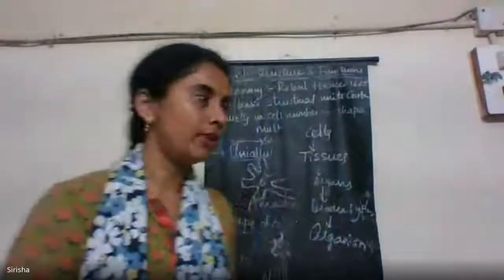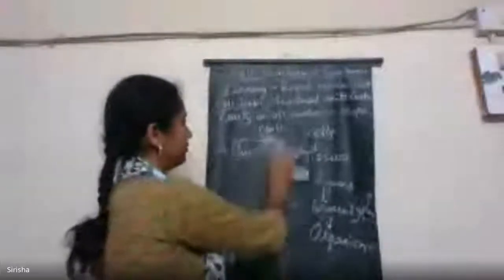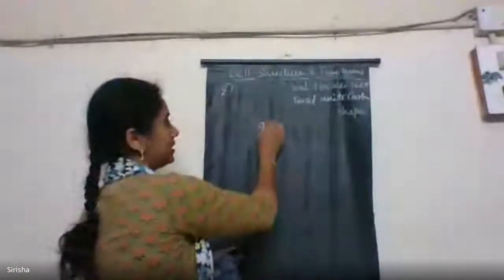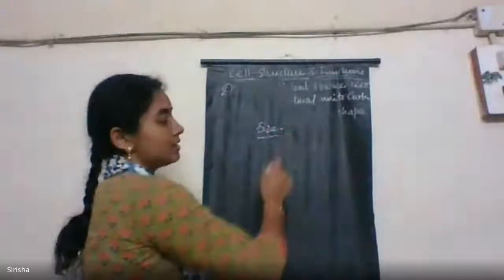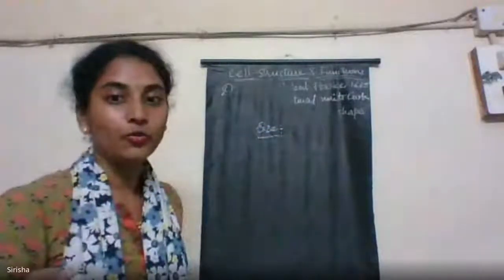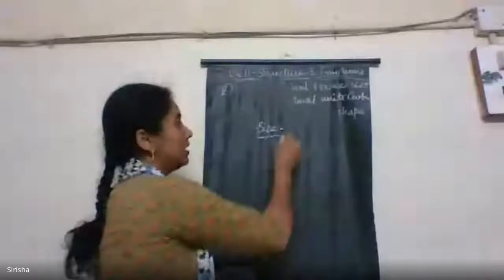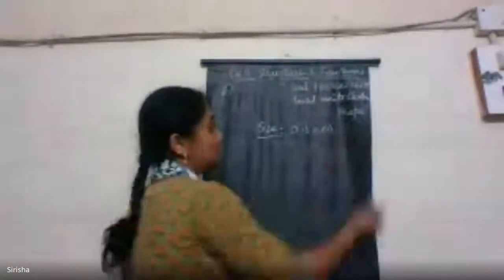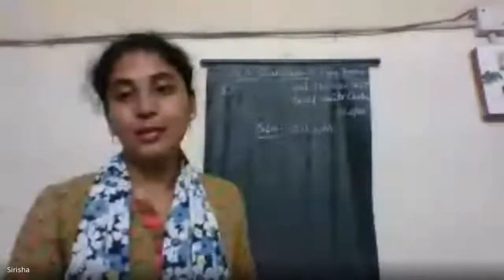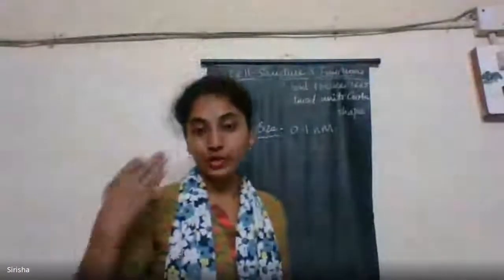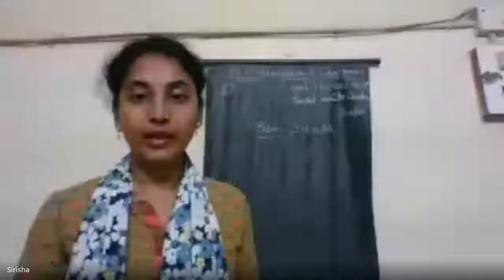You might have wondered about eggs, madam, whether an egg is a single cell or multicellular. Yes, an egg is of course a single cell. Just now we have seen size. Some cells are very small, like 0.1 nanometer in size. The best example is bacteria, which we cannot see with the naked eye.